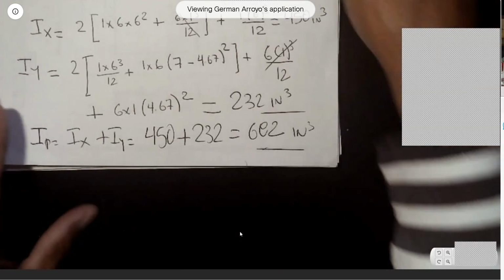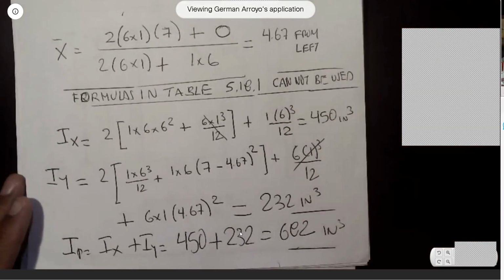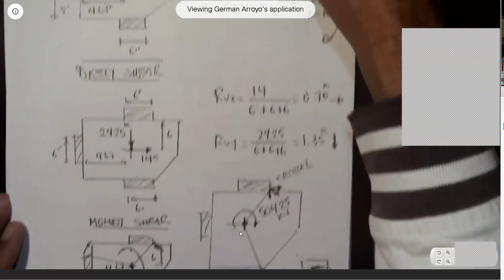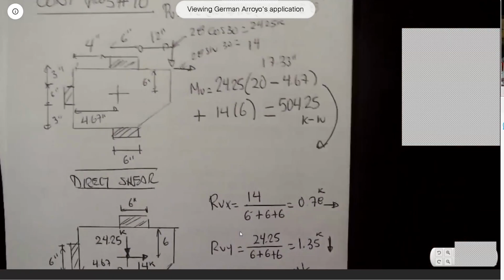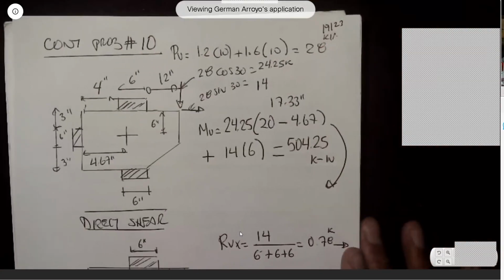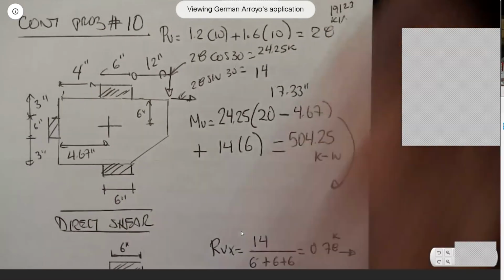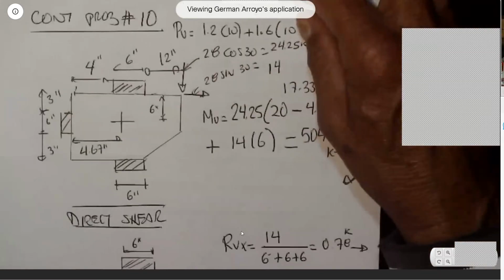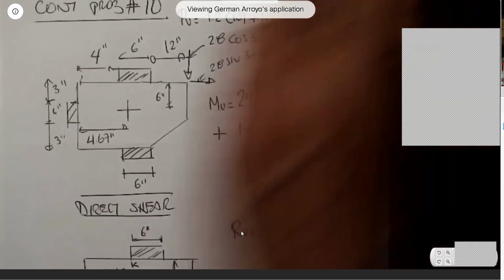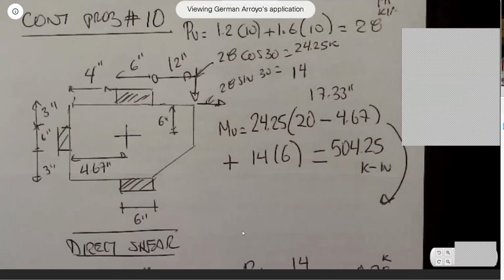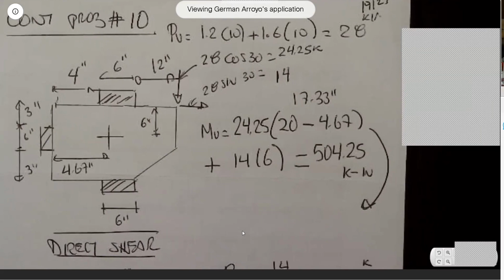So on the next page, this is page 19. In here I just put the 4 inches, the 3 inches, the location of the centroid.